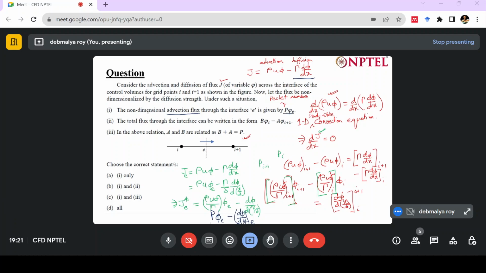Sir, can you explain where the x by delta term came from? Yes, sure. Let me add another slide. Okay, so we have this is I, this is I plus 1.